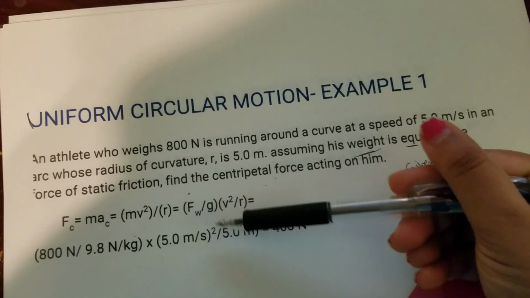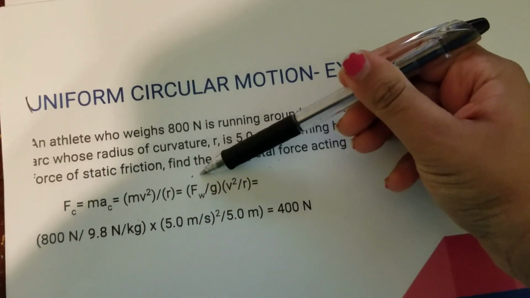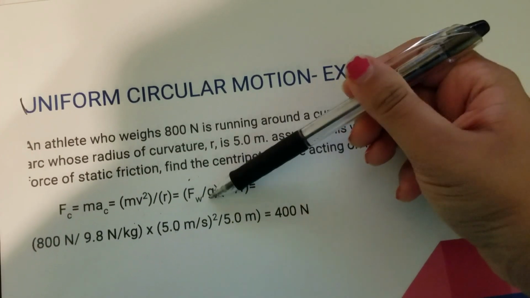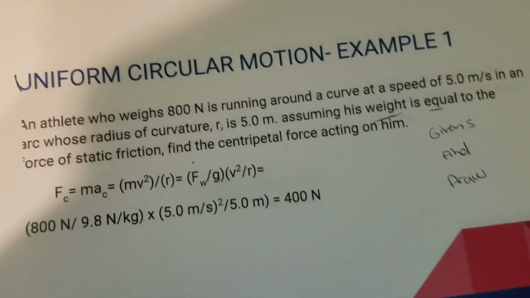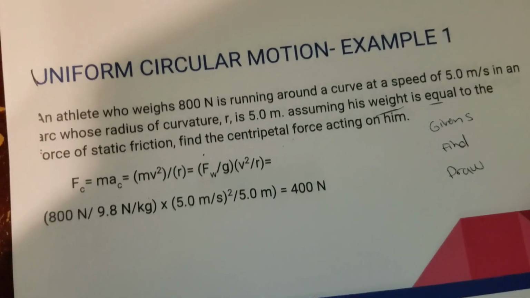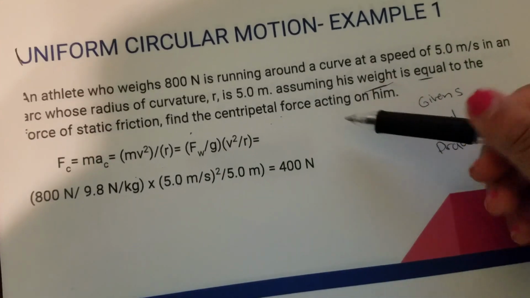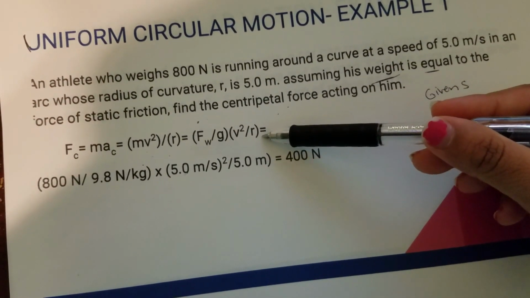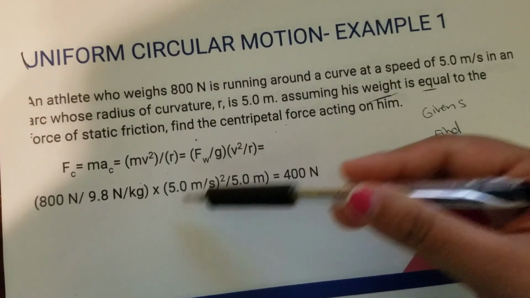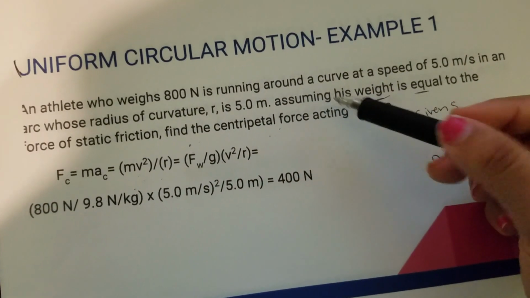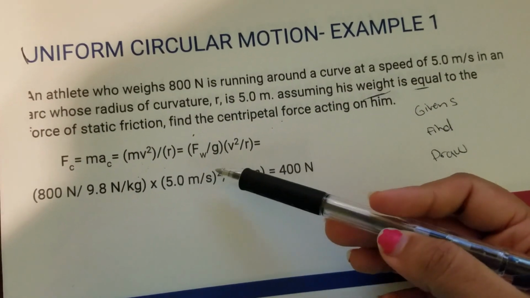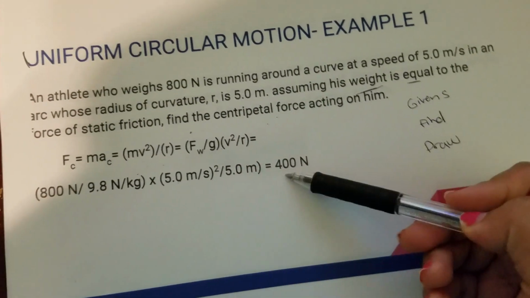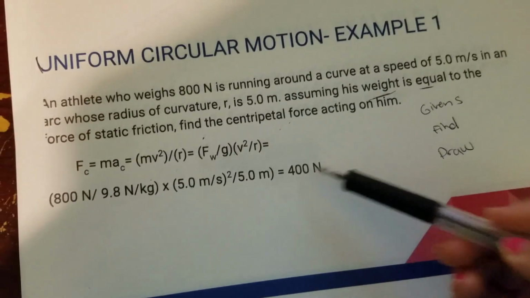Therefore, you do the weight over g, and g is just 9.8 newtons per kilogram. You just plug in the numbers because you have the weight as 800 newtons, you have velocity, you have radius, and you get 400 newtons. Simple.